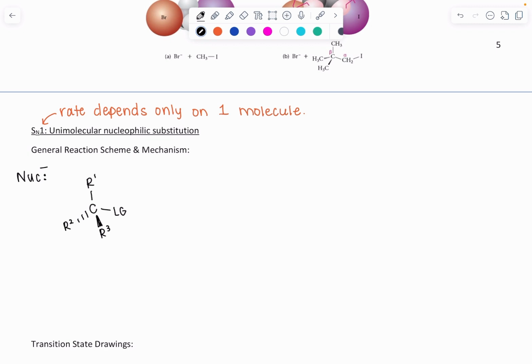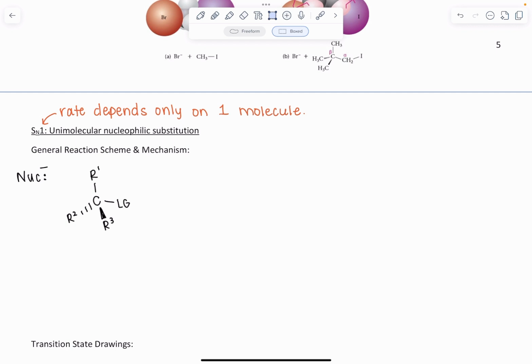So far it looks the same as SN2. But these R groups are usually more substituted. This alpha carbon is more substituted. So if you imagine these R groups all being larger, the nucleophile struggles to come in.